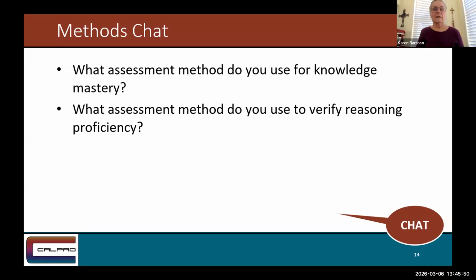Okay, so for reasoning proficiency. Reasoning is when you analyze information, infer meaning, and solve problems. What kind of assessments do you use? Reasoning is looking not only at language, but more at the proficiency of whether they can problem solve or infer using a new language.